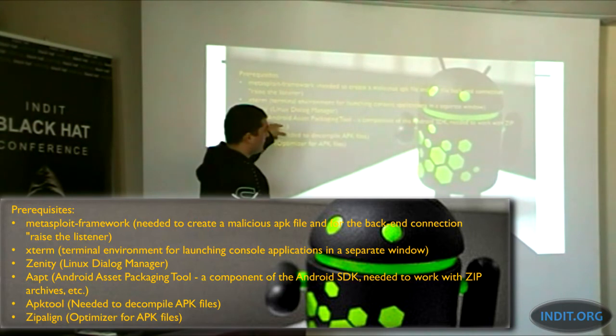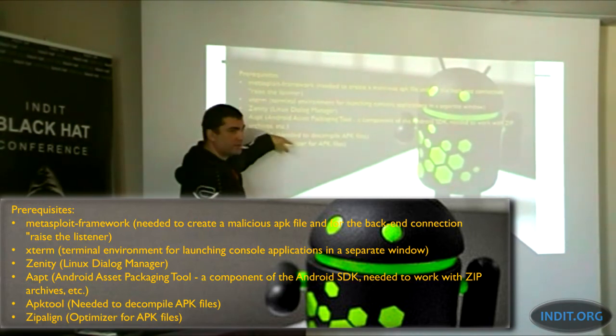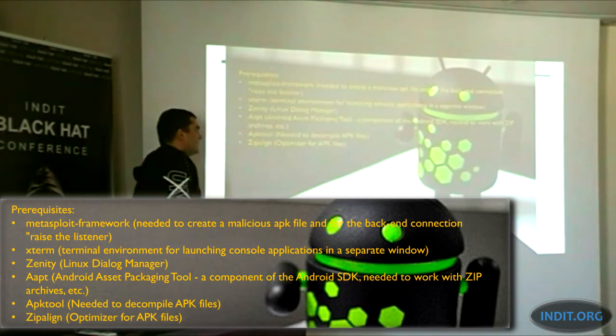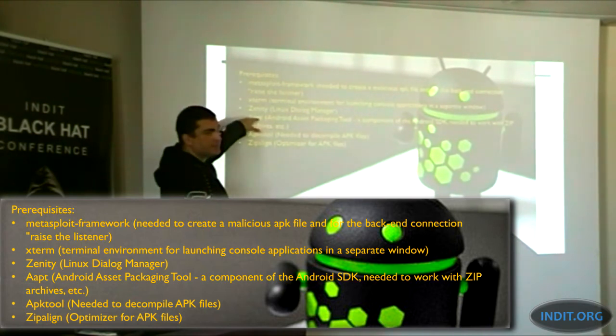APT, which is the APK modifier, APK decompiler, which takes the APK and extracts the files from it and recompiles them when required for the APT tool to be able to modify them after that.